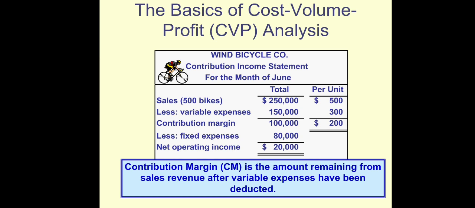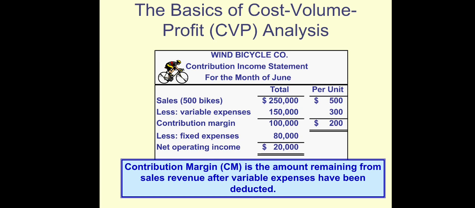Another aspect of contribution margin is unit contribution margin. You can see in column number 3 in the income statement, unit contribution margin. The calculation is unit price for the product, in this example the product is a bicycle, minus unit variable cost.